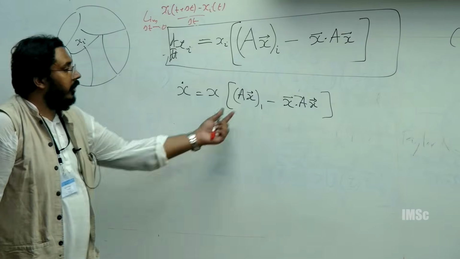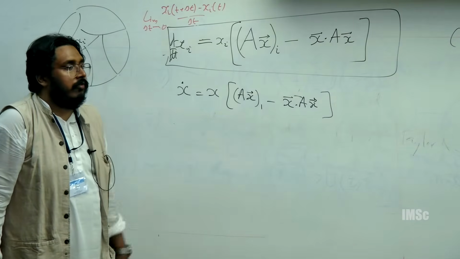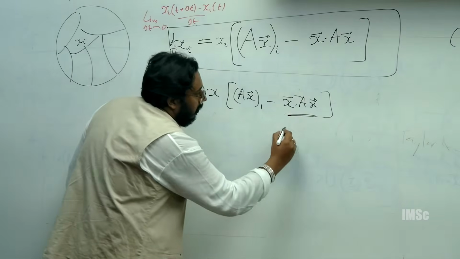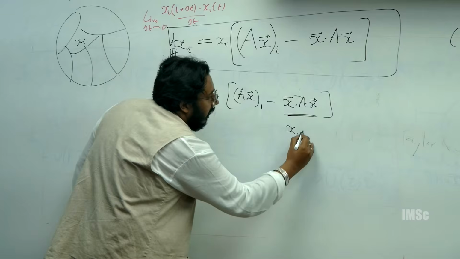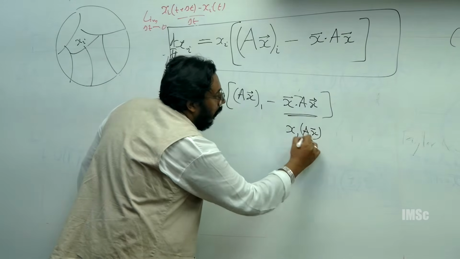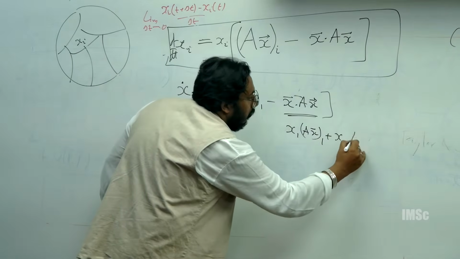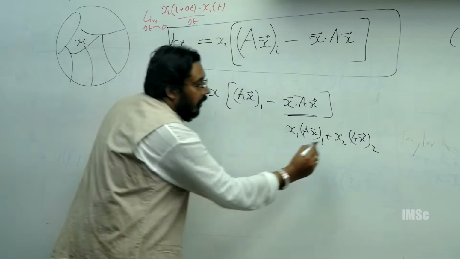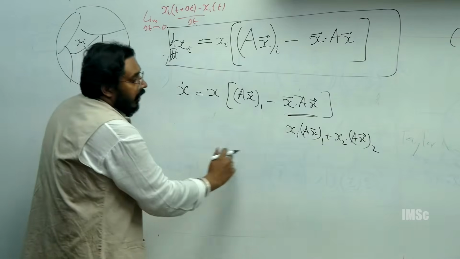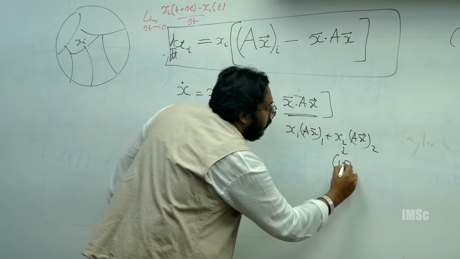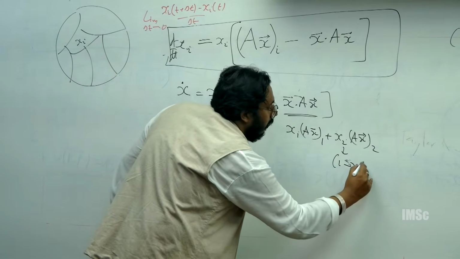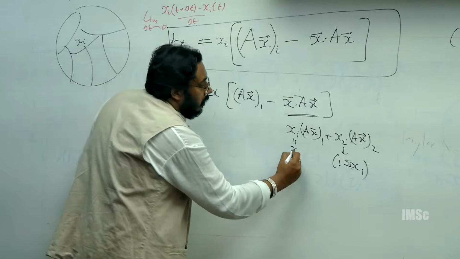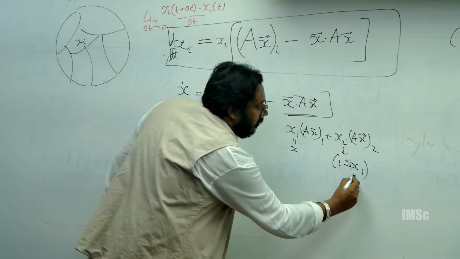but here I have to, otherwise it is confusing, because this is the fitness of the first one. That is how I have to calculate. Now this can be written down as x1 Ax1 plus x2 Ax2. Now, x2 is nothing but 1 minus x1, and x1 is x.